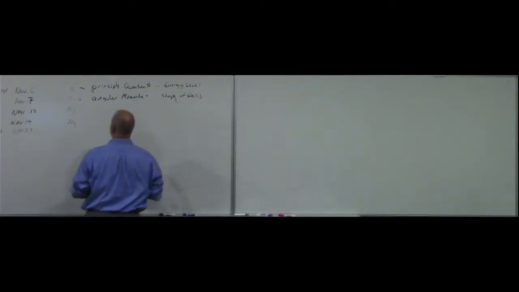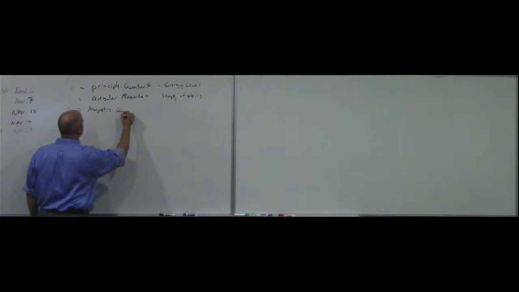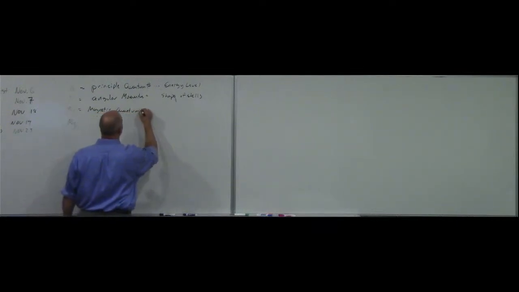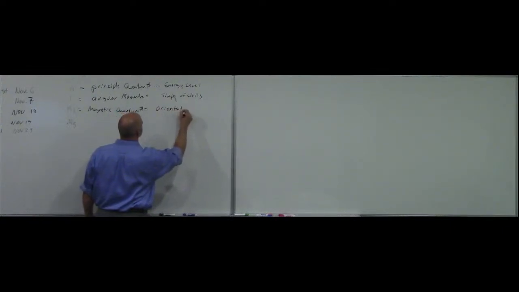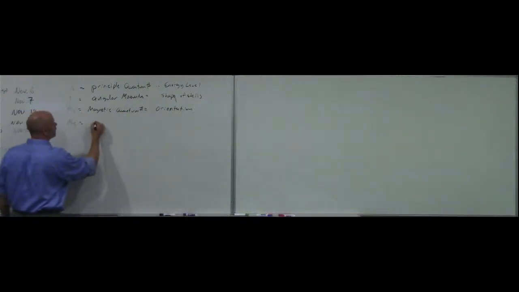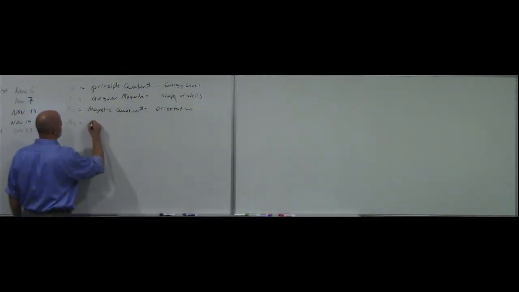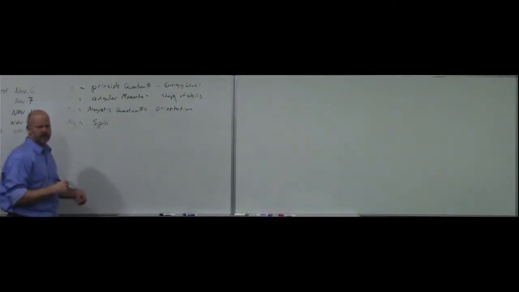What's next? Magnetic quantum number. What does that tell me? The orientation in space. So this is the 3D aspect of it. And then m_s is the spin quantum number, the magnetic spin number, right? So this has two values. It's either just up or down.